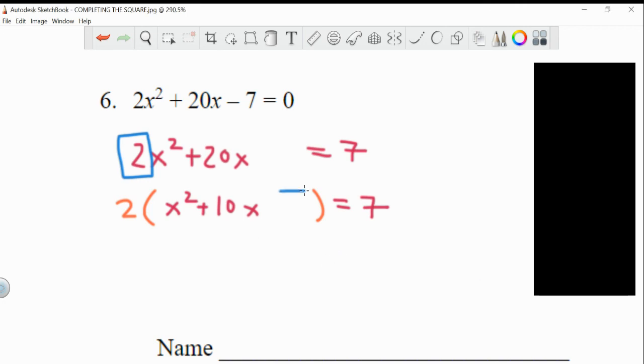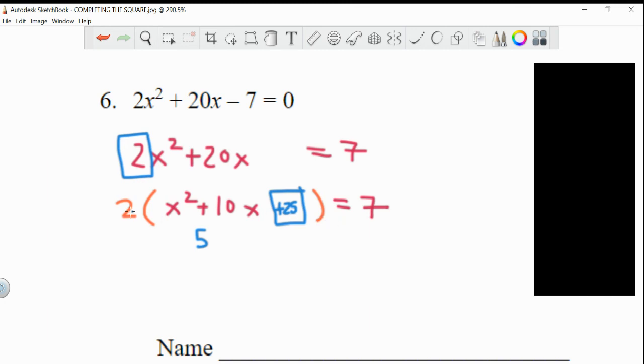Now, we're going to need to come up with the perfect number here, and you're going to start getting pretty quick at doing this. Half of 10 is 5. 5 squared, 25. It doesn't take super long to cut a number in half and then square it. So we've got 25 here.